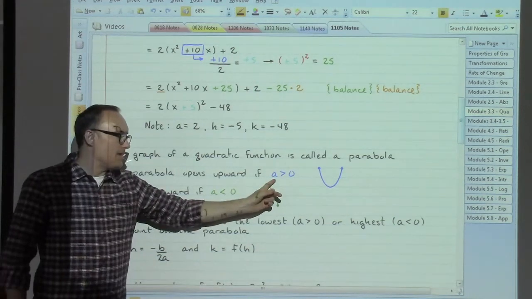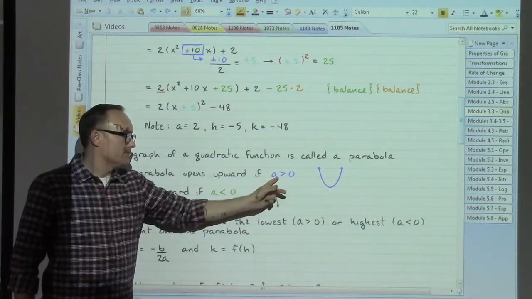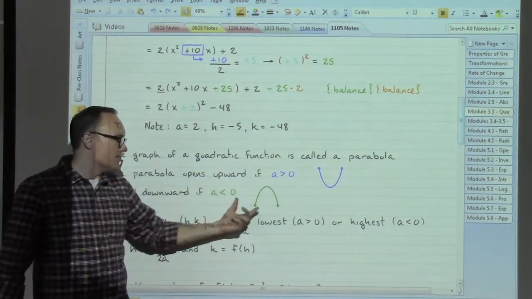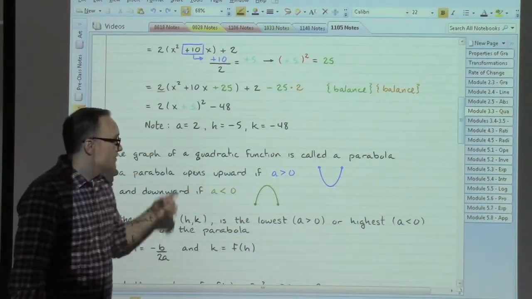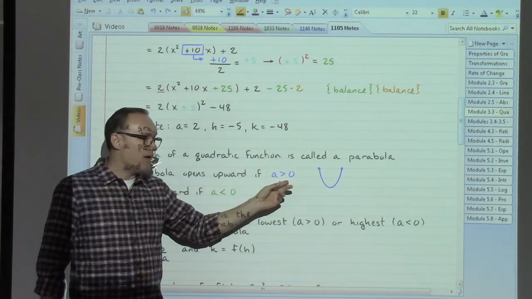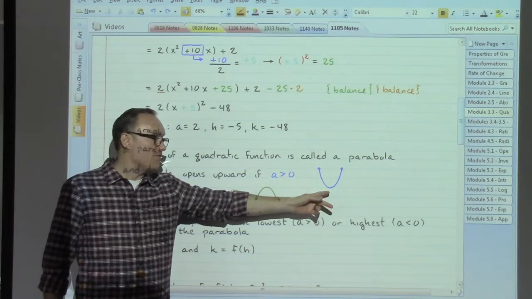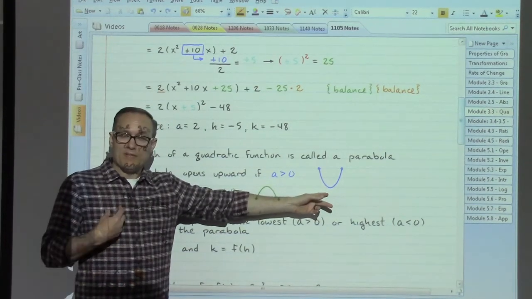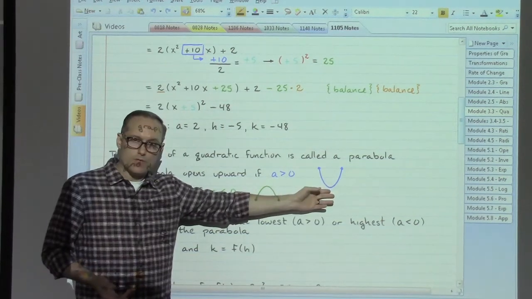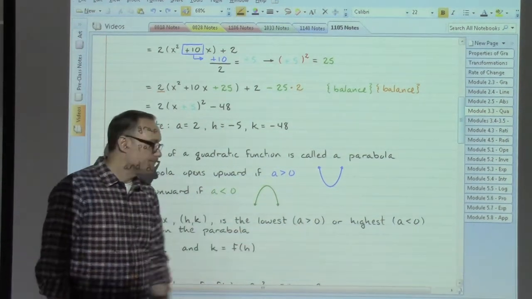And that's going to be based on the A number. If the A is positive, our parabola opens up. If our A is negative, our parabola opens down. So far, those 2 examples we've looked at have both had A values that are positive. So both of those, if we graph them, doesn't matter if we graph the one that they originally gave us or if we typed in the vertex form, they would both show us a parabola that opens up.